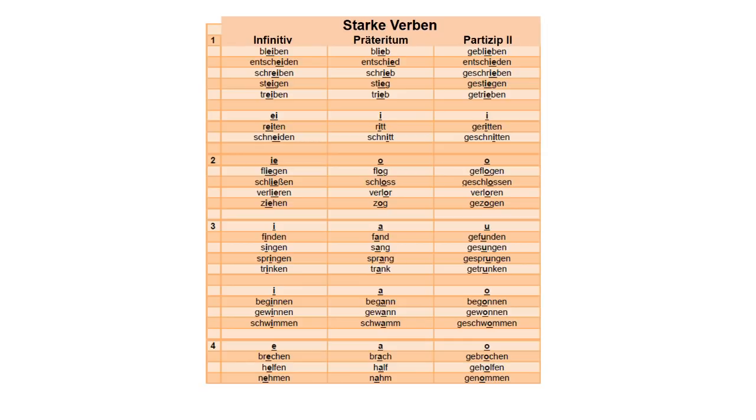The first group, for example, bleiben, blieb, geblieben, entscheiden, entschied, entschieden, schreiben, schrieb, geschrieben, steigen, stieg, gestiegen. So you see, it always changes the same way. I, IE, IE. Reiten, ritt, geritten, schneiden, schnitt, geschnitten.